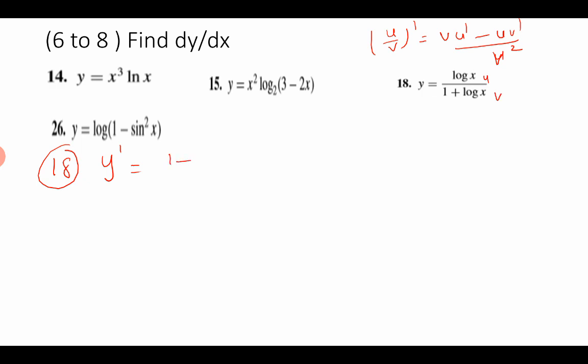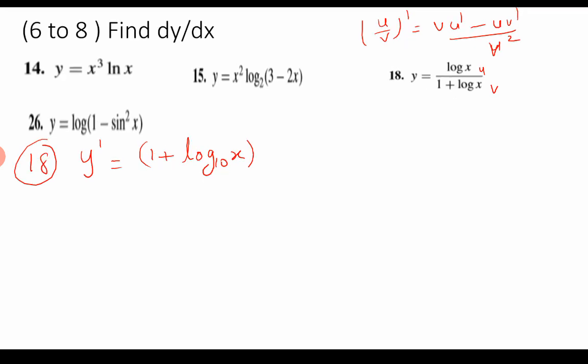V is 1 plus log base 10 x. If there is no base for the log, then you take it as log base 10, isn't it? Differentiate the numerator, which is log base 10 x.